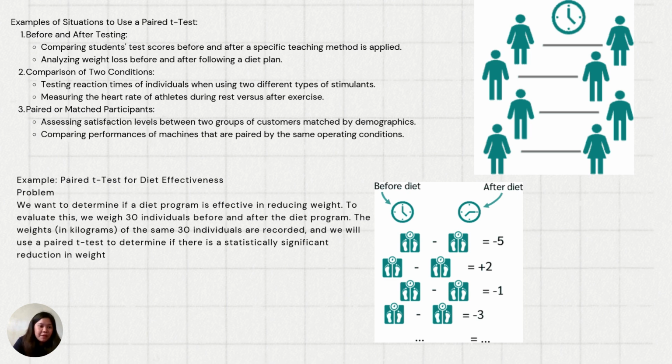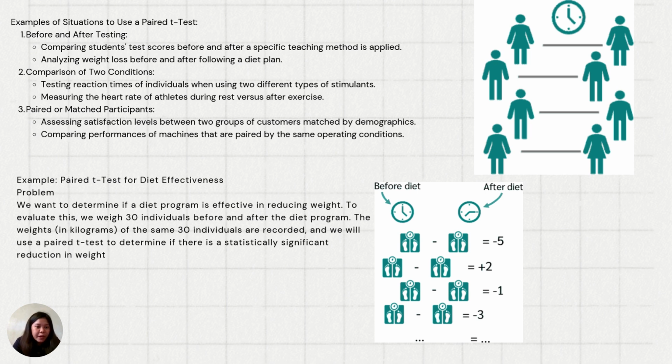Number three, pairs of matched participants: assessing satisfaction levels between two groups of customers matched by demographic, comparing performance of machines that are paired by the same operating conditions.